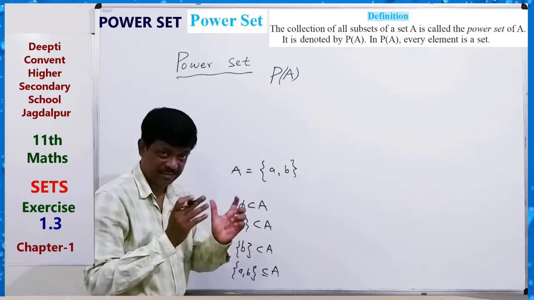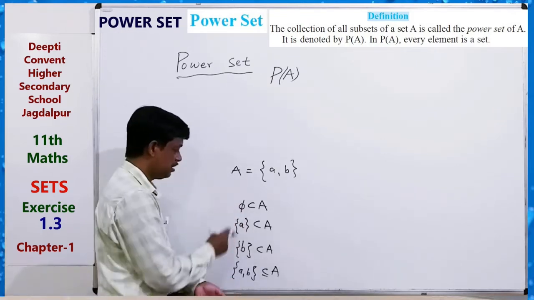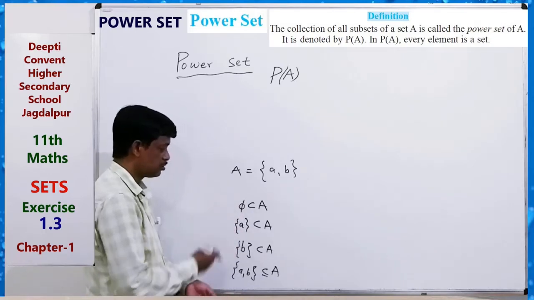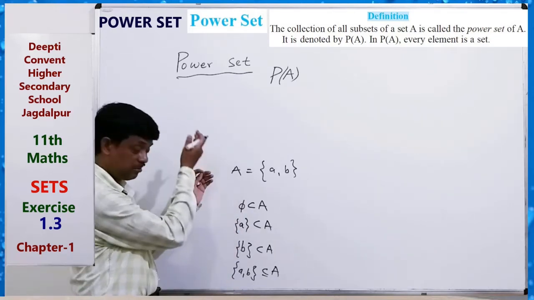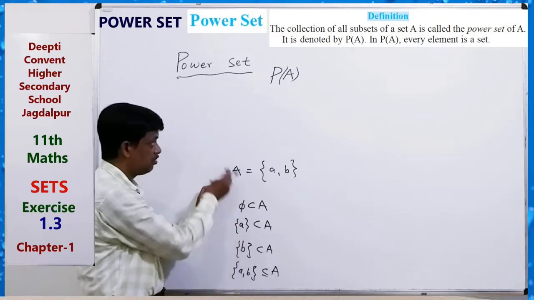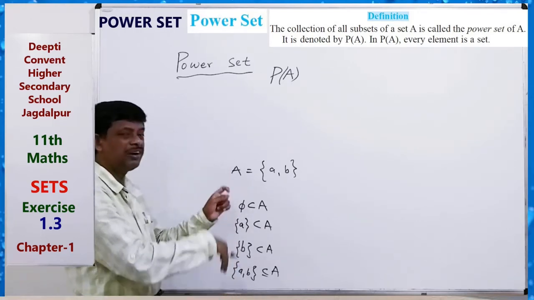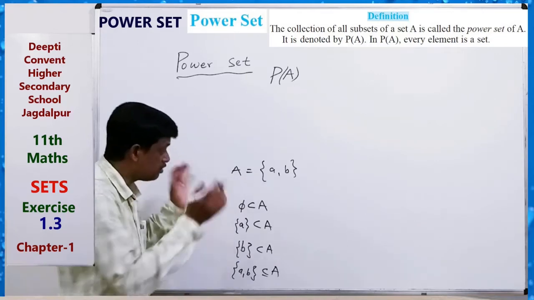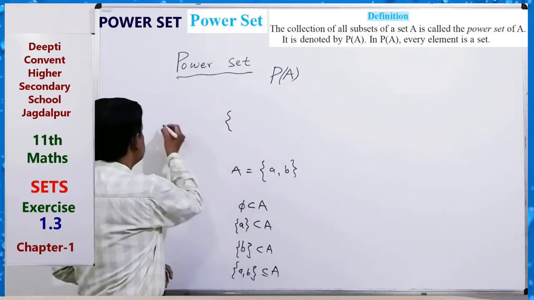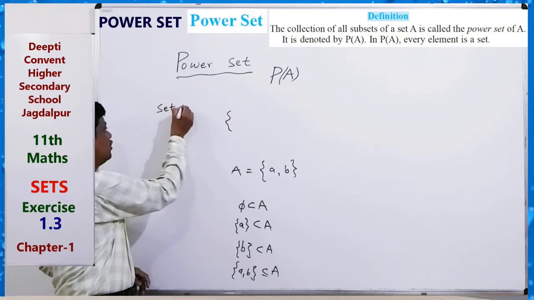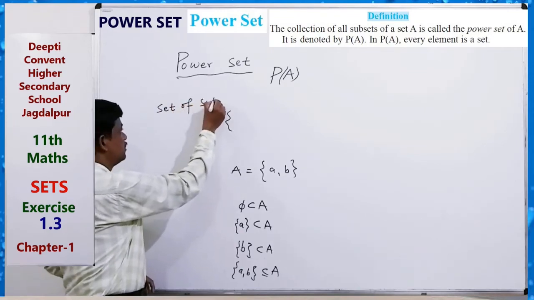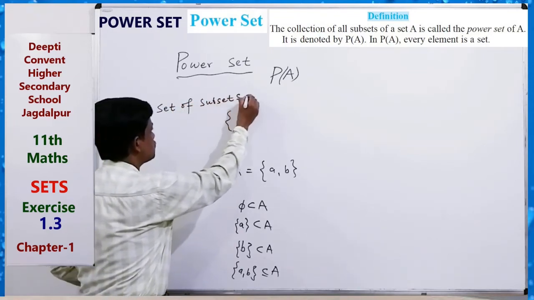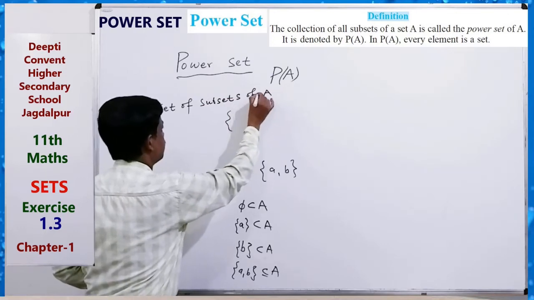So how many sets are subsets of this set? 1, 2, 3, 4. So if we list all these sets, we make another set, a set of subsets of A. What?